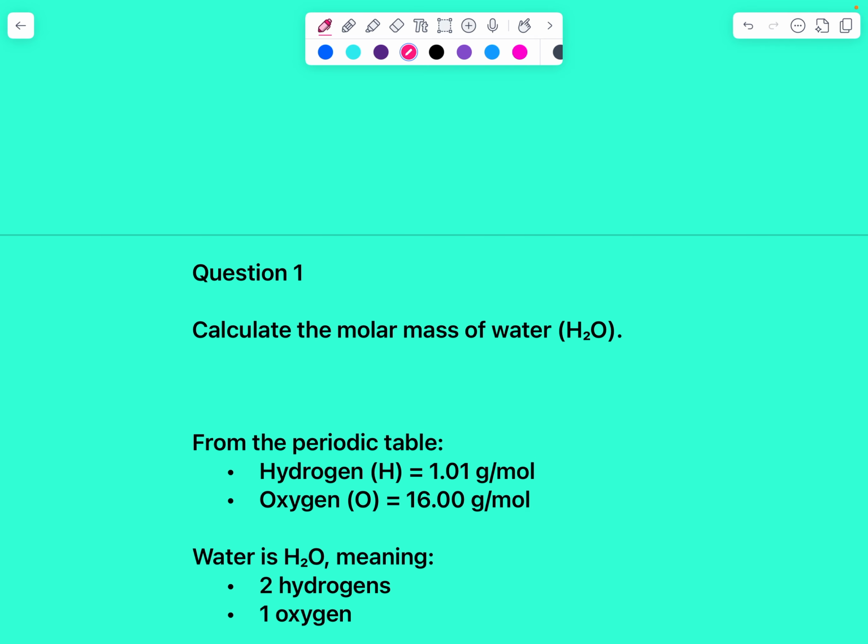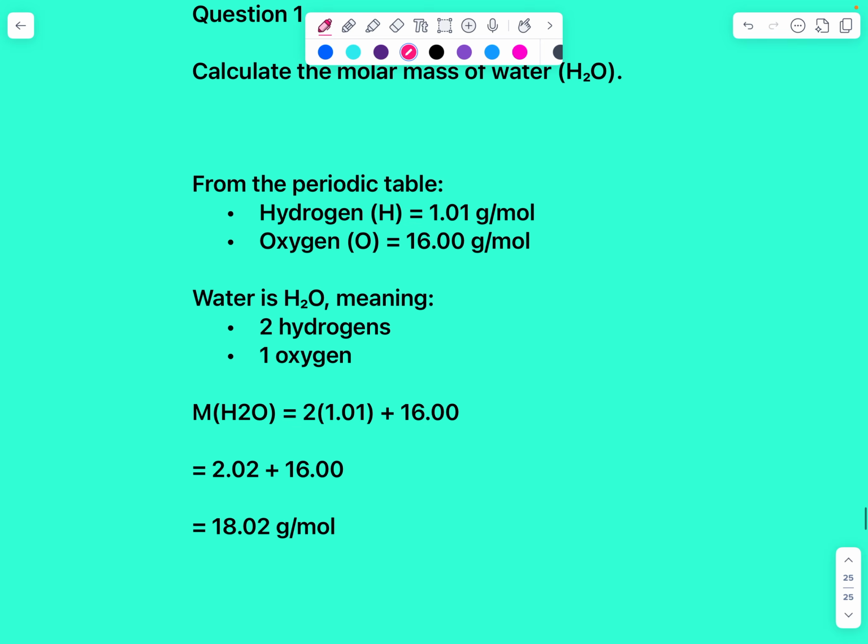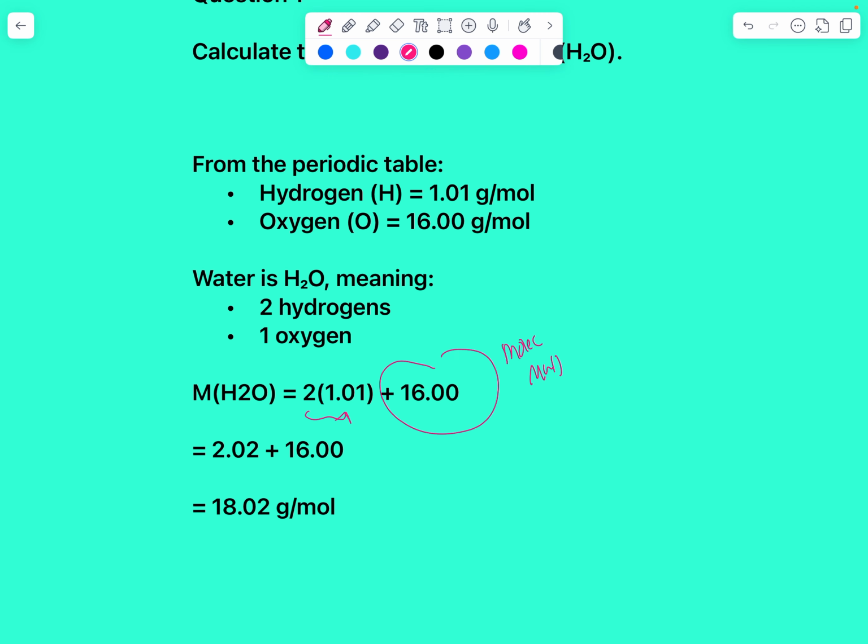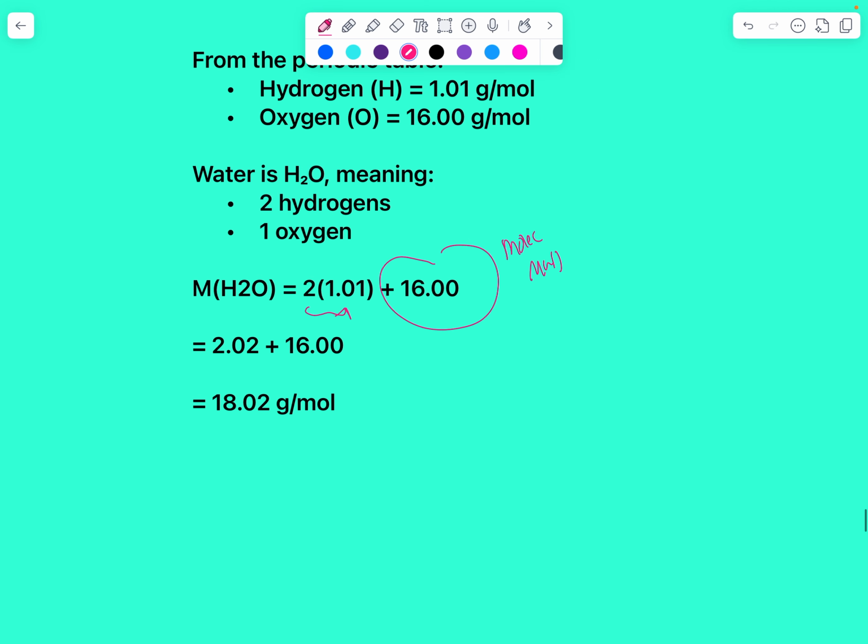So we add 1.01 plus another 1.01 plus 16. Or another way you could say it is 2 times 1.01 for the 2 hydrogens, plus the 1 oxygen's molecular mass. By doing that, you'll get 2.02 plus 16, which equals 18.02 grams per mole.